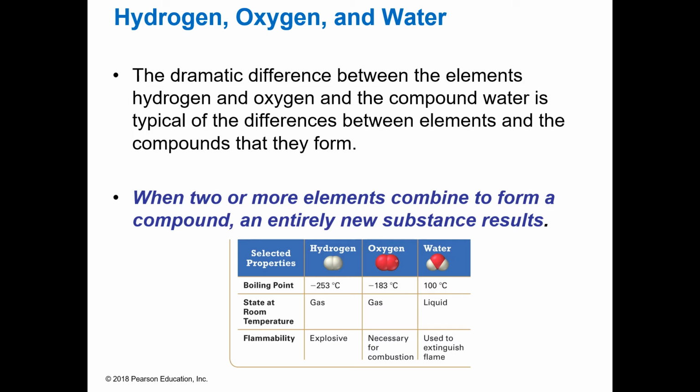Oxygen is also a gas. It's also diatomic, has a very low boiling point, and it is often used in combustion reactions. If I put those two together, I get water. I have a huge difference in boiling point now, and now it's a liquid, and now it's not flammable, so it actually can be used to put out flammable things like oxygen and hydrogen.